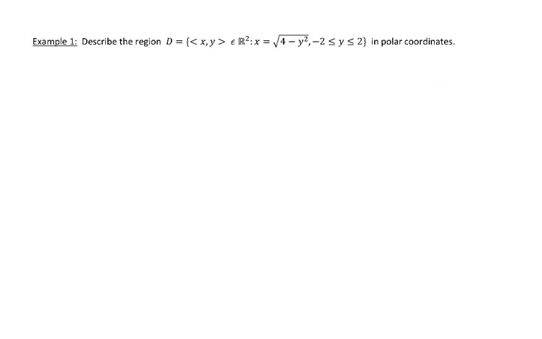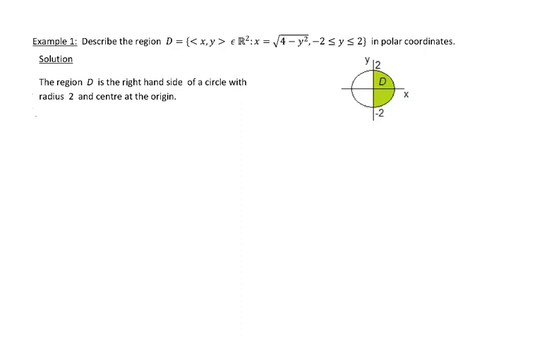In example 1, we must describe a region that's given in Cartesian format in polar coordinates. As you can see, the region D is a semicircle. It is the right-hand side of a circle with center at the origin and a radius of 2 units.